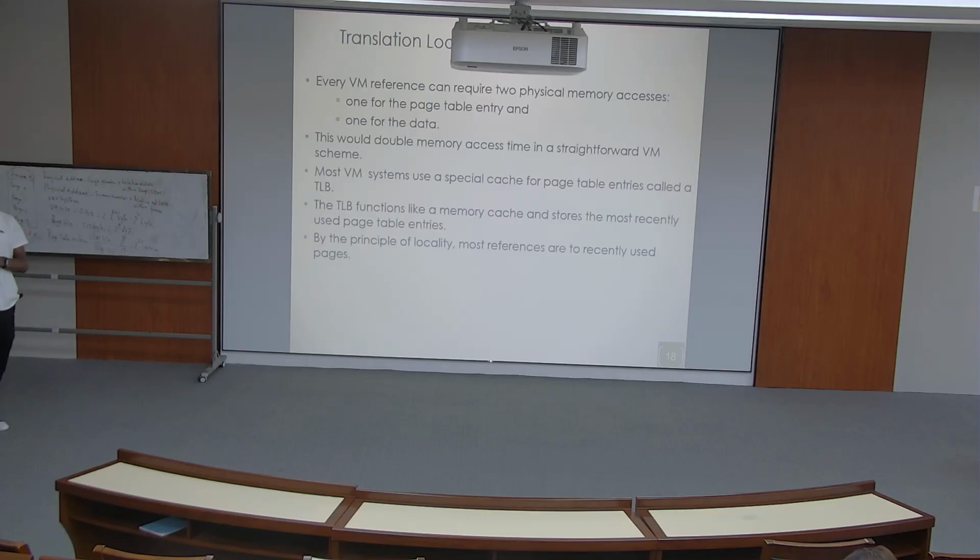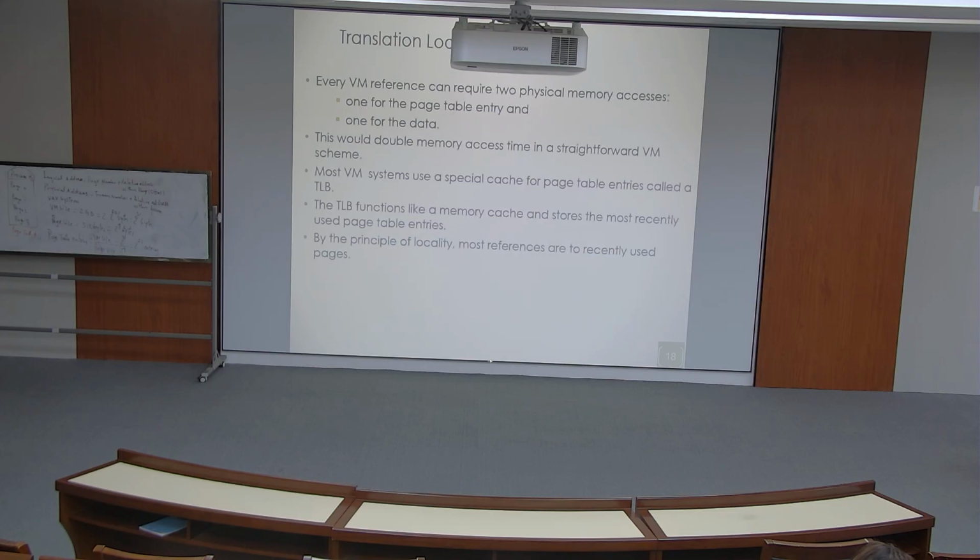Hello? What is the main purpose of the cache memory in the computer system? What is the main purpose? Now, here you see the translation look aside buffer. It acts as the memory cache, but it is there to store the most recently used page table entries.